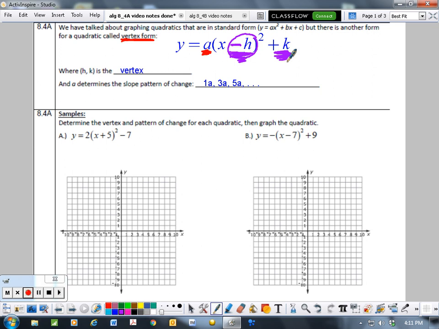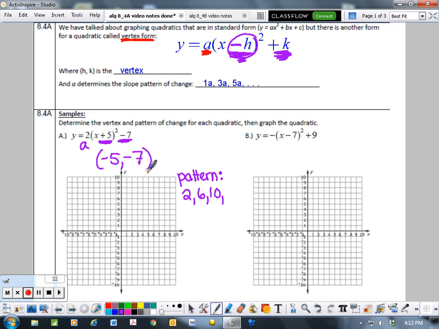So we're going to look at our first problem. Our a value is 2, so that's going to deal with our pattern of change. So our pattern will be 2 times 1, 2 times 3, 2 times 5, and that'll be our slope. Then our vertex will be the opposite sign of this, so negative 5, and the same sign as that, negative 7.